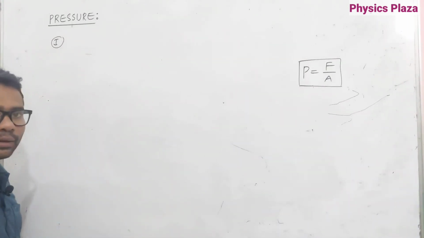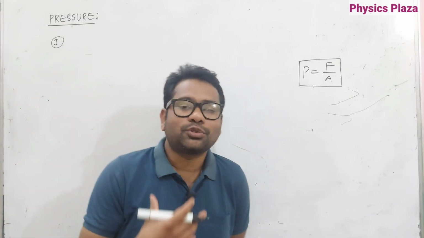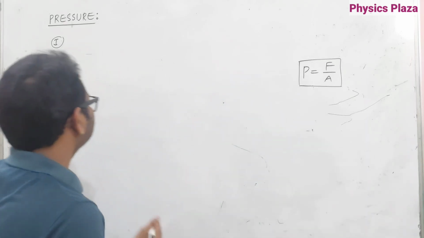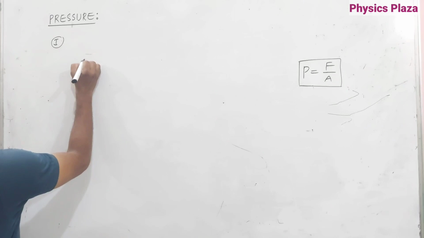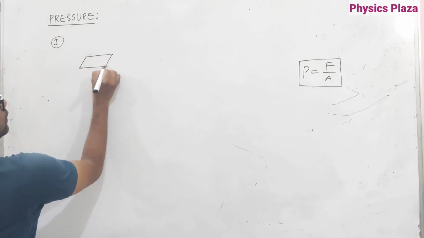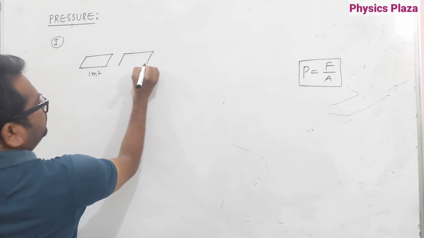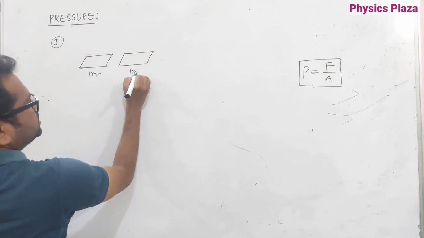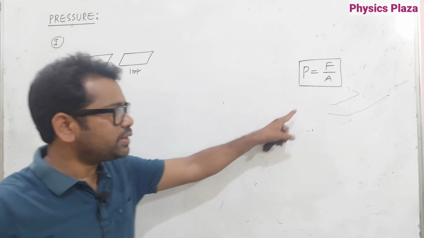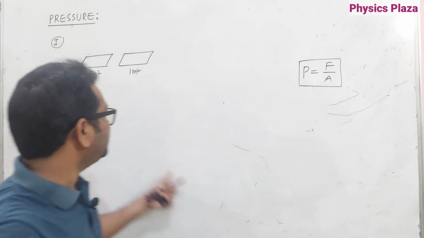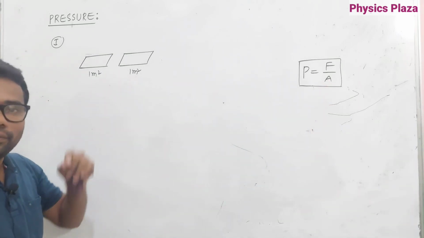So let me take one example so that it will become very easy for us to understand. Children, here I have taken 1 meter square area, and here also I have taken 1 meter square area, which means surface area remains constant. Here unit area, here unit area I have taken.